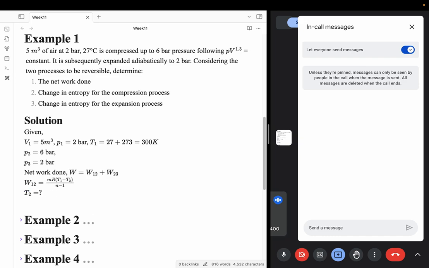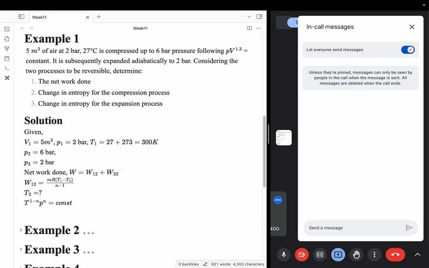So how do I calculate T2? We again use the polytropic relation, PV to the power 1.3 equal to constant. From there you can get the relation between T and P, which goes as T to the power 1 minus n, P to the power n equal to constant. So from this relation you can get T2.